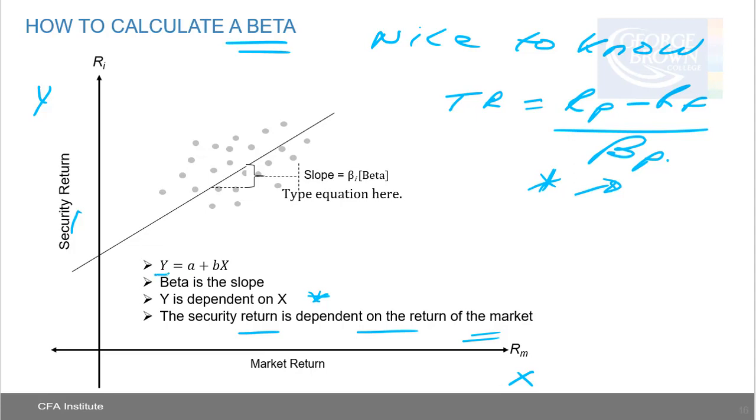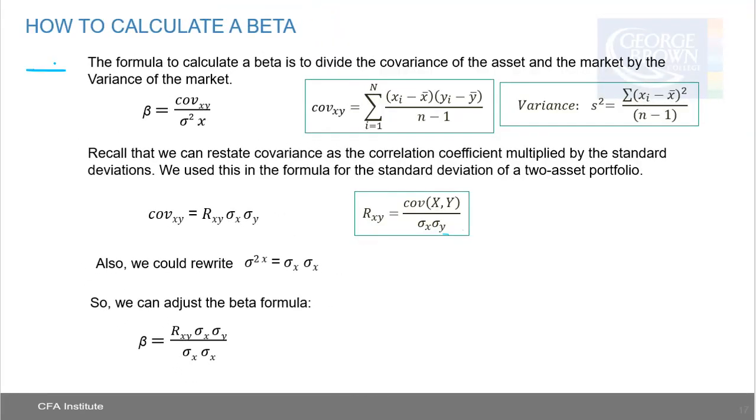The formula is y, the return of the security, equals a, an intercept, plus beta times x. X is the market return. So beta is just the slope of this line, okay? The formula to calculate a beta is to divide the covariance of the asset and the market by the variance of the market.